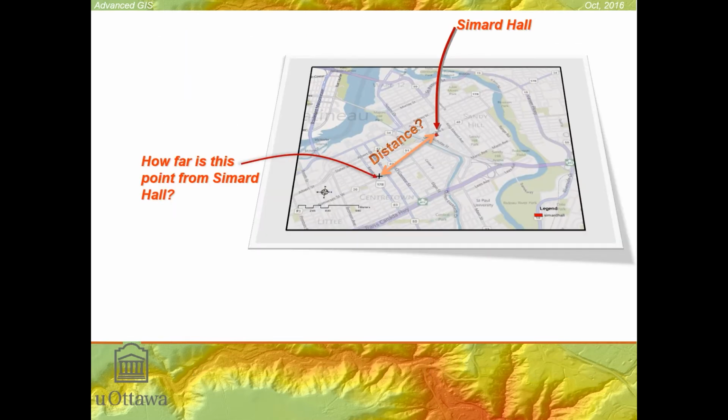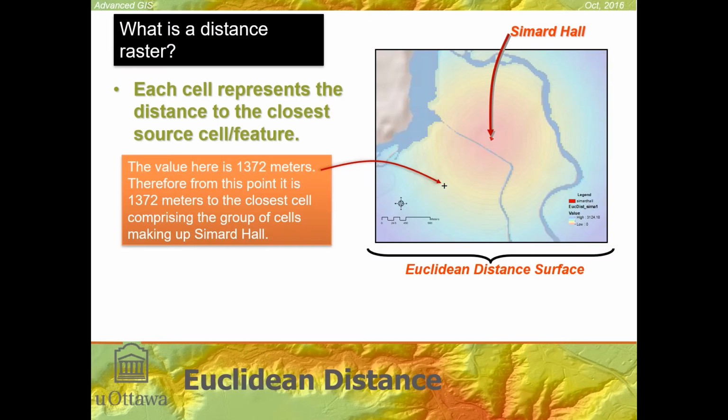So for example, what if we wanted to know how far this point is here from Simard Hall at the University of Ottawa? We can create a distance surface or distance raster. A distance raster represents for each cell the closest straight line distance back to the source. In this case, the source of this distance layer that you see here is Simard Hall.